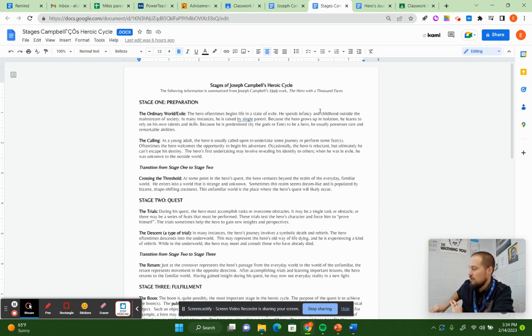Joseph Campbell essentially was a psychologist slash mythology expert who discovered that if you took every single myth, every single story, every single culture, and laid them all out side by side, you would see similar tropes and cliches and ideas being used in every single story, regardless of how different the subject matter was.